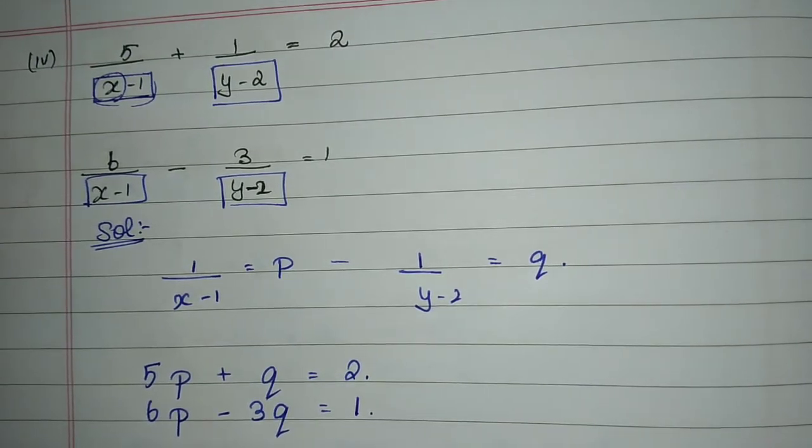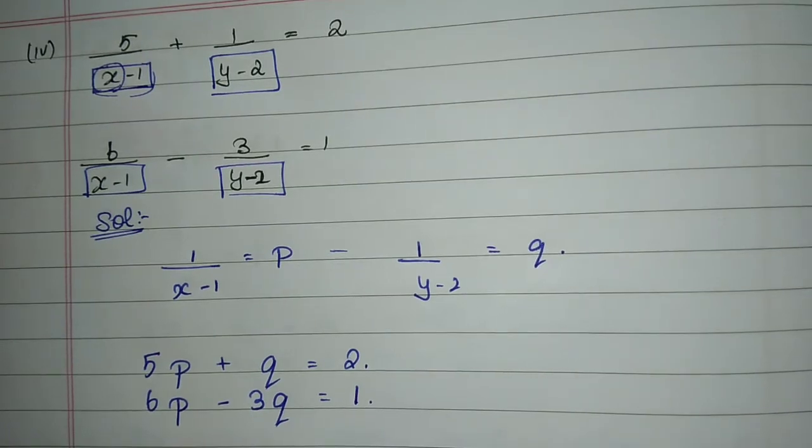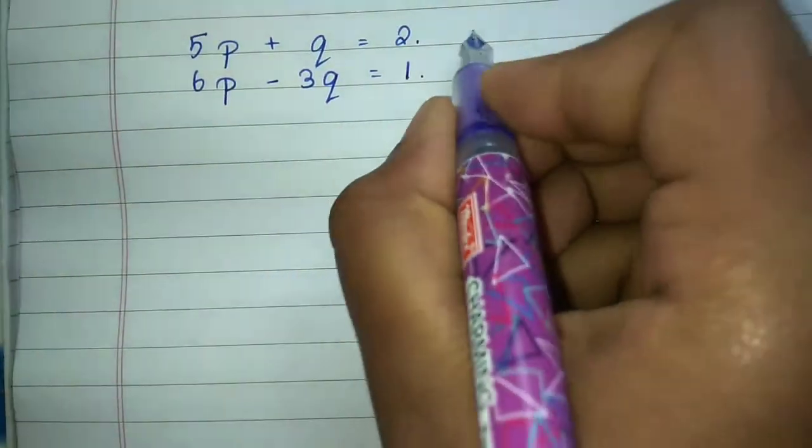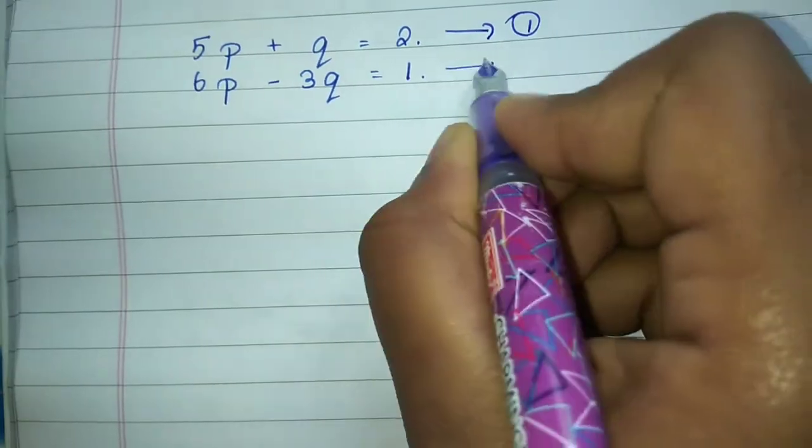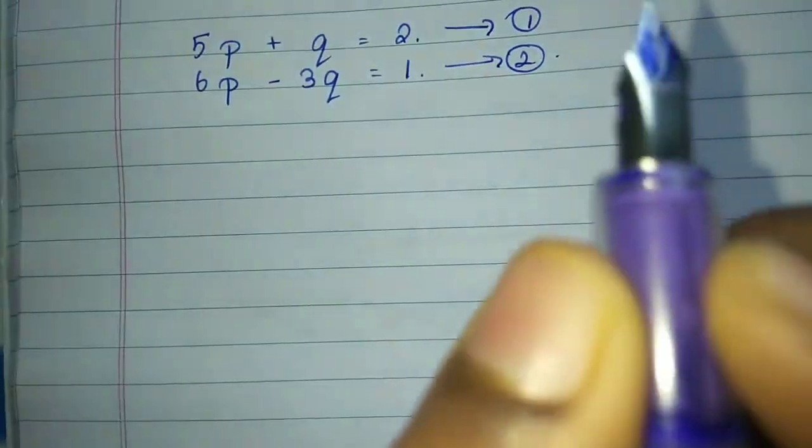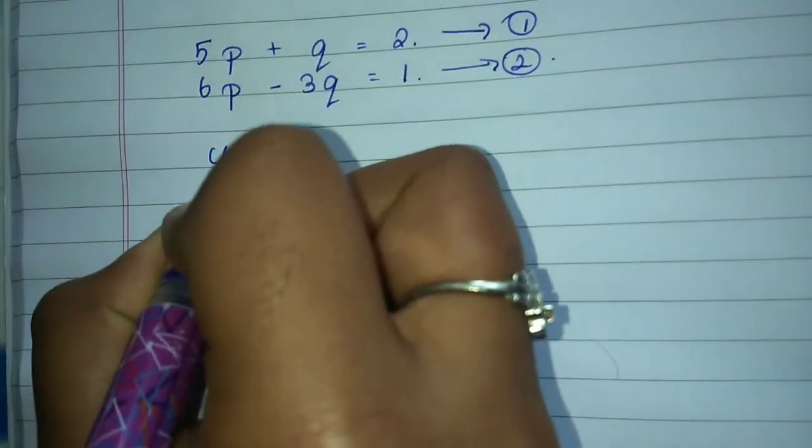But I'm just going with cross multiplication for this sum too. Let this be equation 1 and let this be equation 2. So now I will be using cross multiplication method.